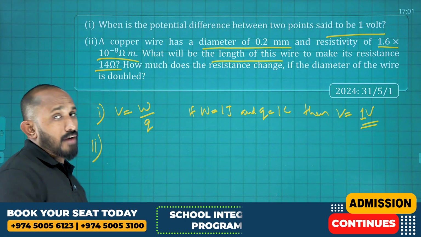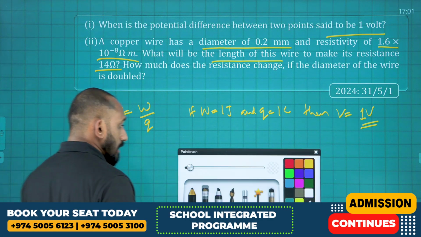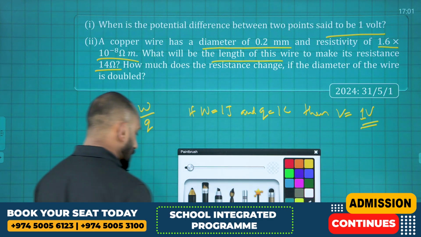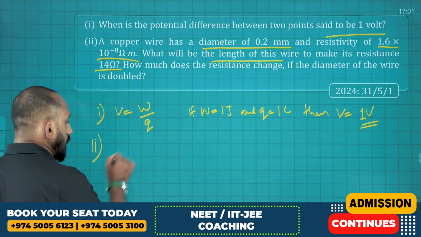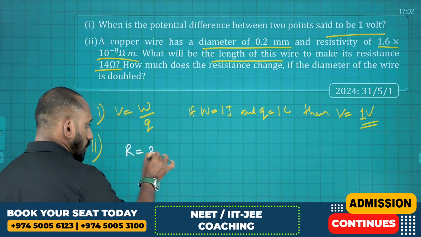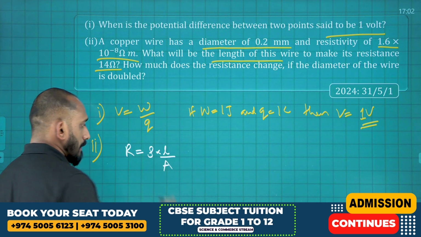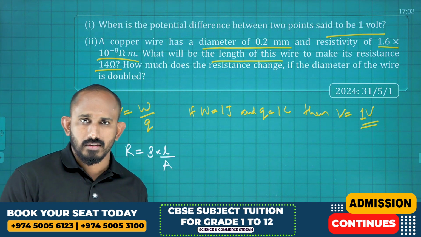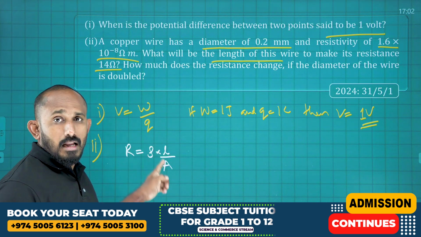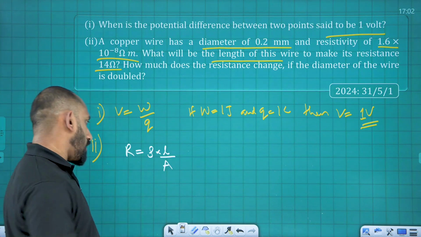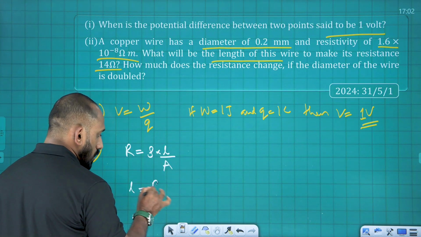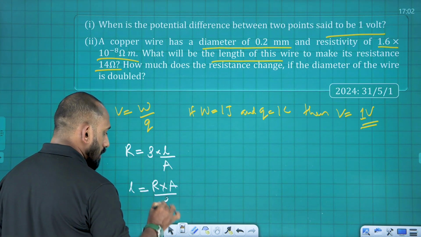For that, we use the expression which links resistance, resistivity and length: R is equal to rho into L by A, the basic equation for resistance in terms of resistivity, length and area of cross-section. Here, length L is equal to R into A by rho.